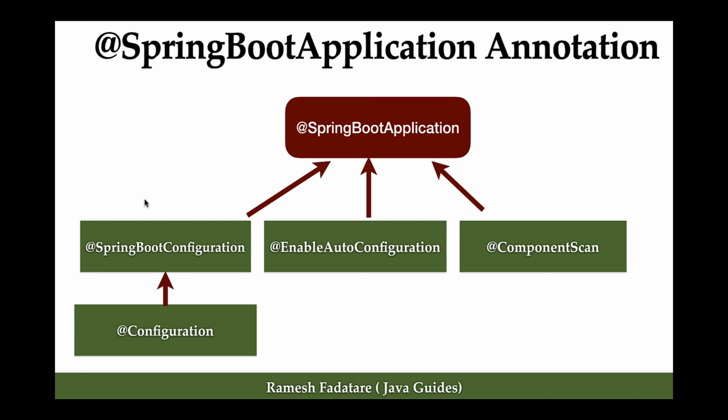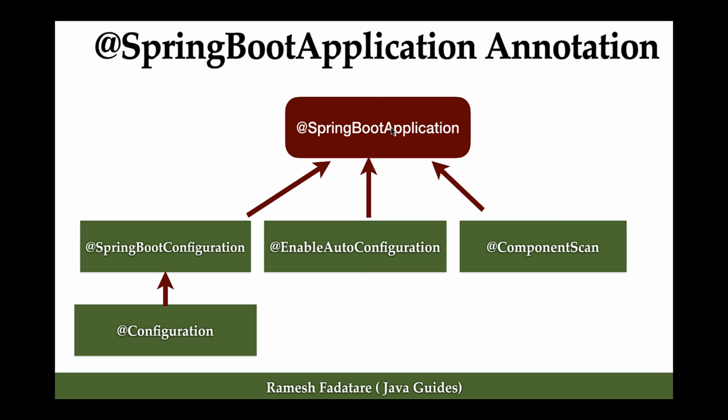If you look at the diagram over here, the @SpringBootApplication annotation internally has three annotations: @SpringBootConfiguration, @EnableAutoConfiguration, and @ComponentScan. And the @SpringBootConfiguration annotation internally uses the @Configuration annotation. So basically it uses all these three annotations to provide three important features.